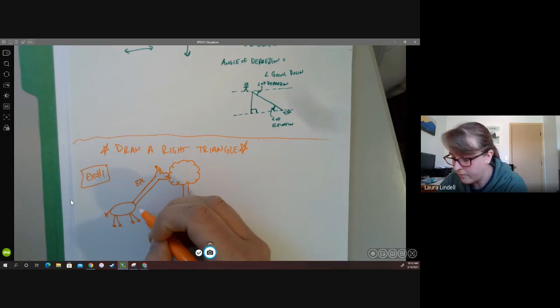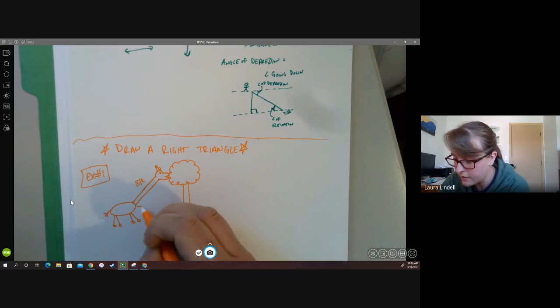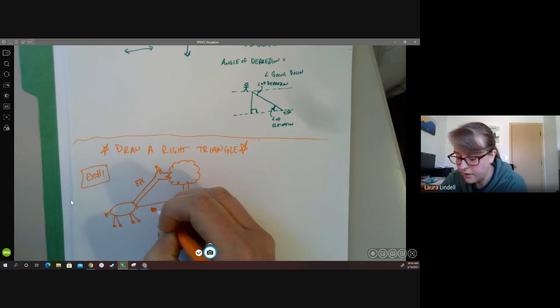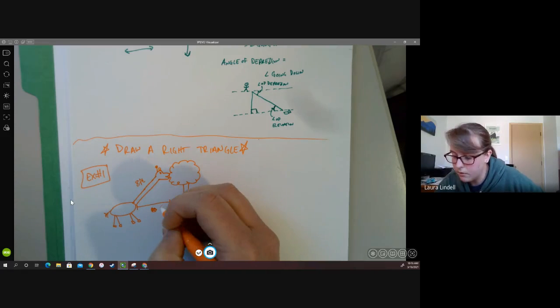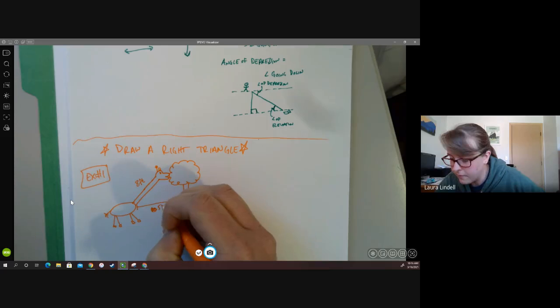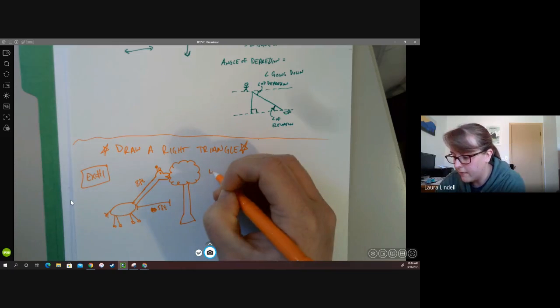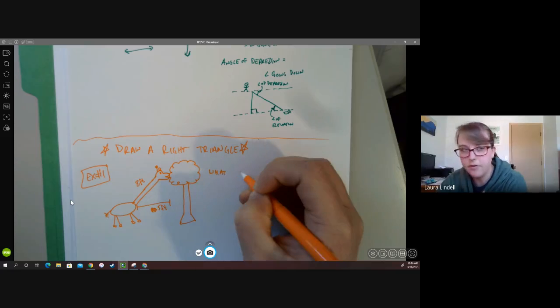And the giraffe is standing a horizontal distance of, or not 10 feet, sorry, we'll go 5 feet from the tree. And we want to know, what is the angle of elevation of the giraffe's neck?